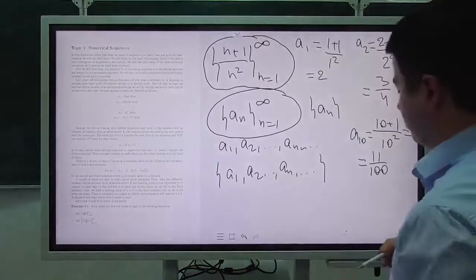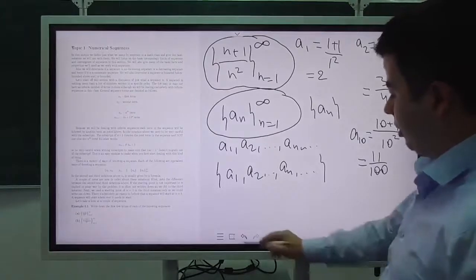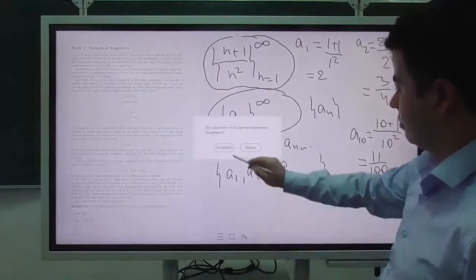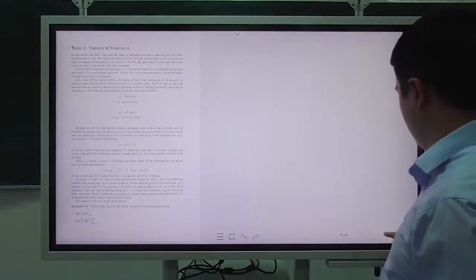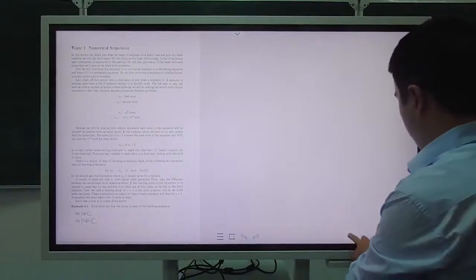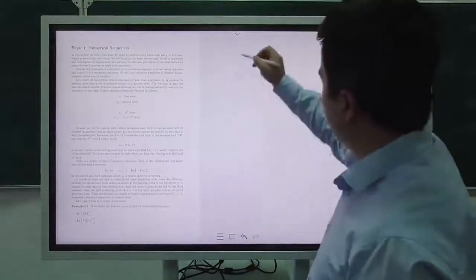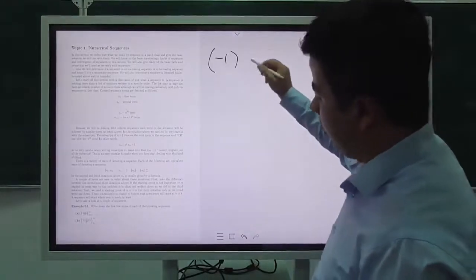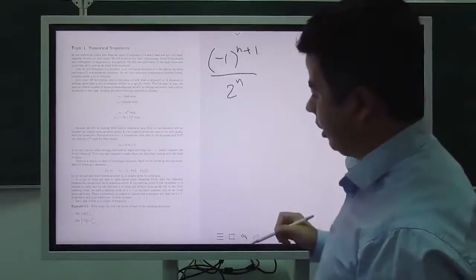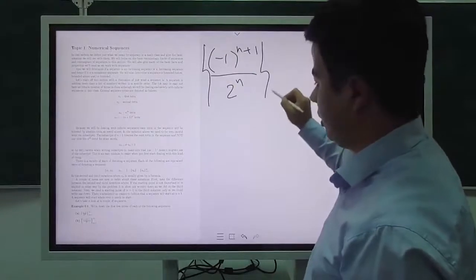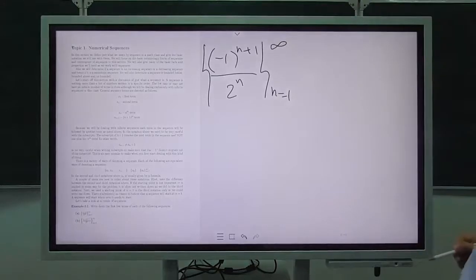And now let's consider the next example. So the next example is this one, number b. Minus 1 to the power of n plus 1, over 2 to the power of n, n from 1 till infinity. So here, how to define?